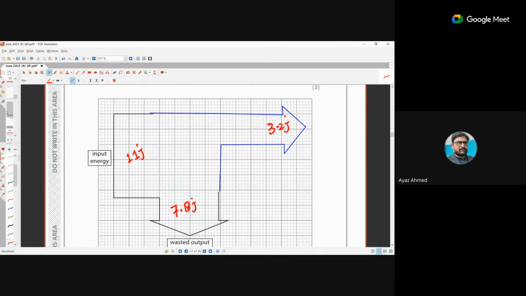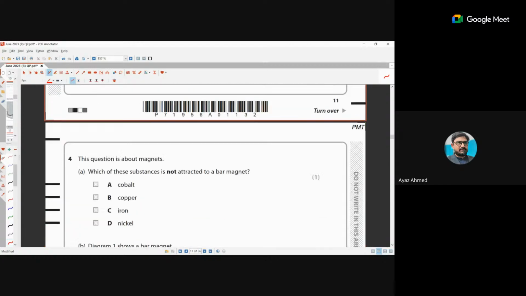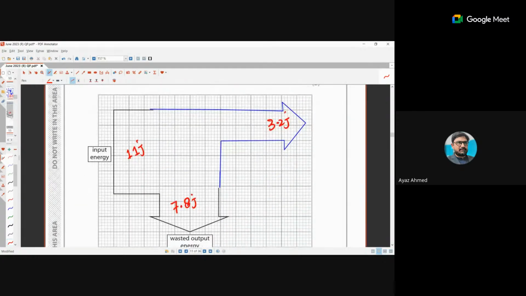So this is the situation of the Sankey diagram. If the plot shows an approximate value, almost this entire arrow, or the area under it, shows 7.8 joules, then this shows 3.2 joules, and this 11. So this is the input energy and so on.